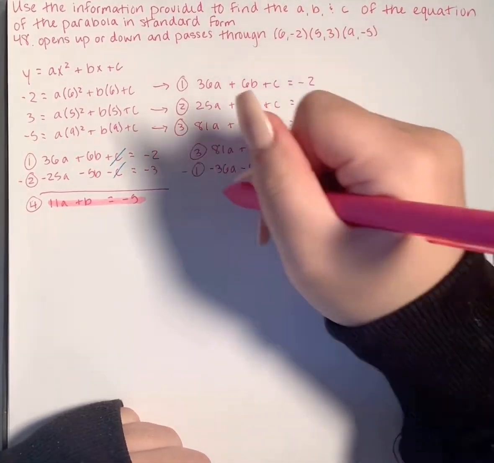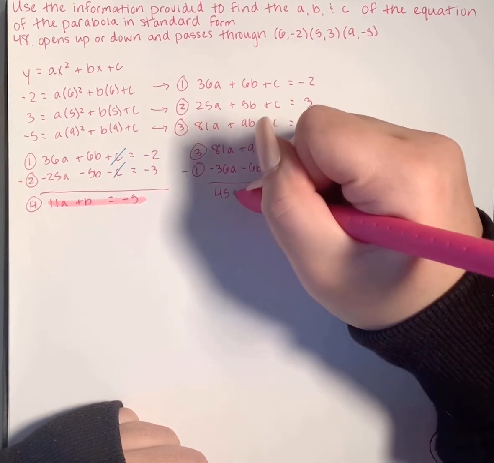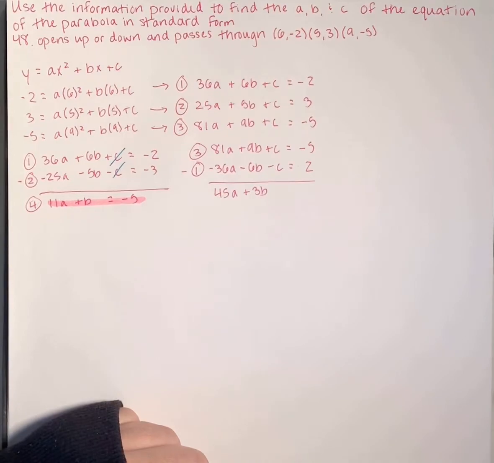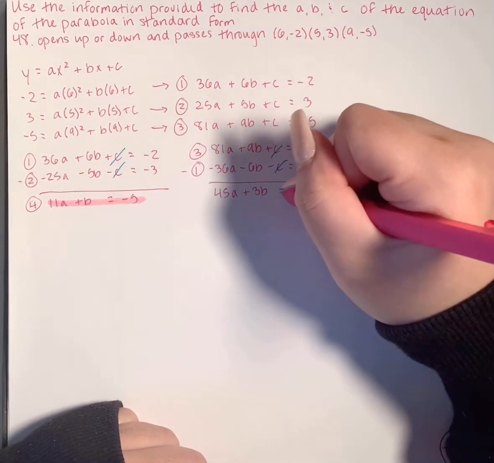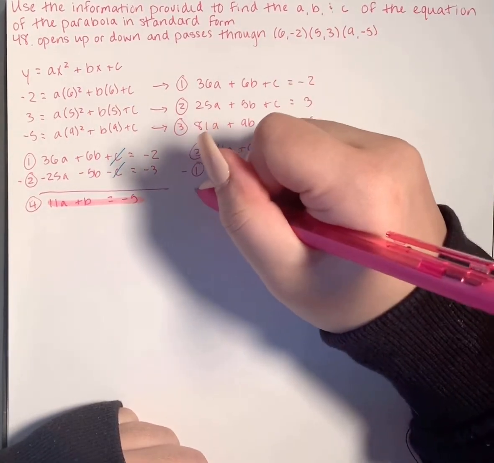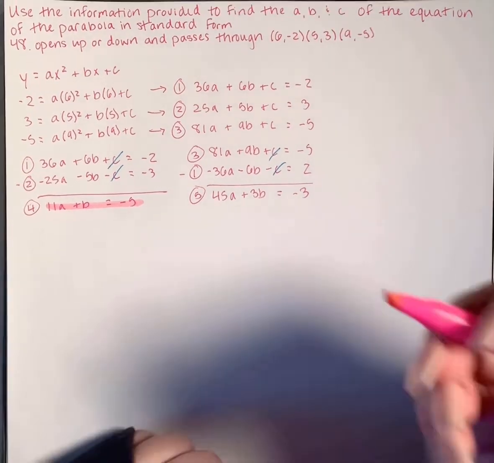Then we're going to subtract, and we get 45a plus 3b. Our c's cancel out again, equals -3. And this is our equation number 5. So we're going to highlight this one too.